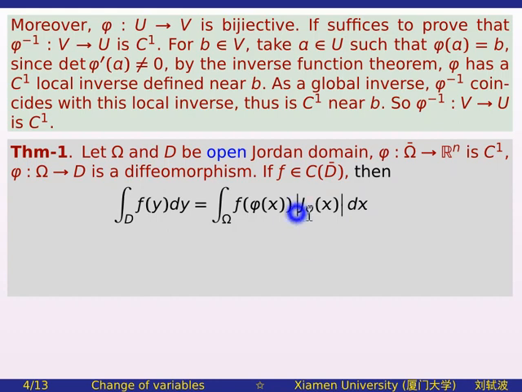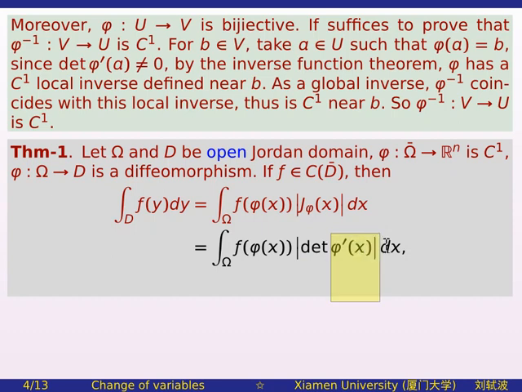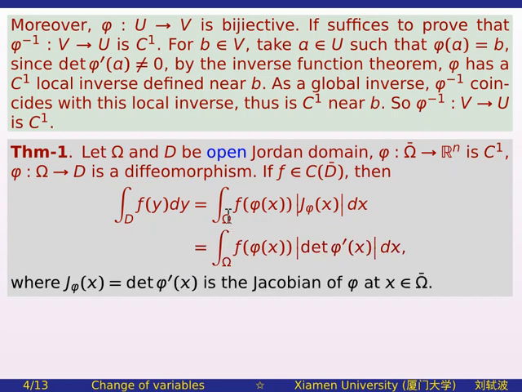Okay, so this is the Jacobian determinant, that is the determinant of the Jacobian matrix. So this is the change of variable formula. It's very useful and very important in multivariable calculus. But the proof is very technical. We will not prove this theorem today. We will prove it later. Okay.